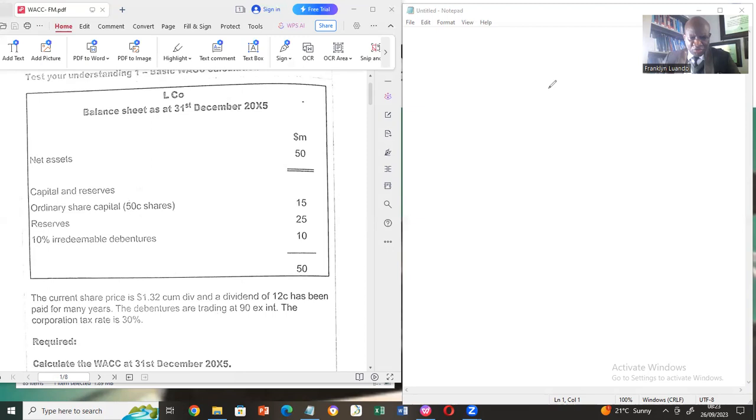And a dividend of 12 cents has been paid for many years, so it's constant, there's no growth. The debentures are trading at 90, excluding interest, so you don't need to adjust. The corporation tax rate is 30%. Calculate the weighted average cost of capital at 31st December 20X5.